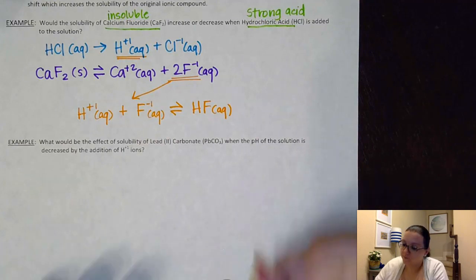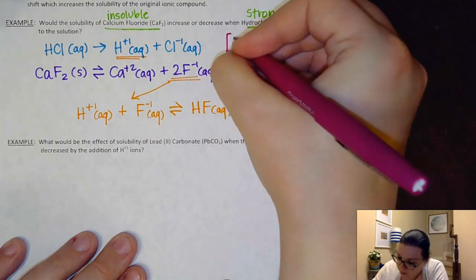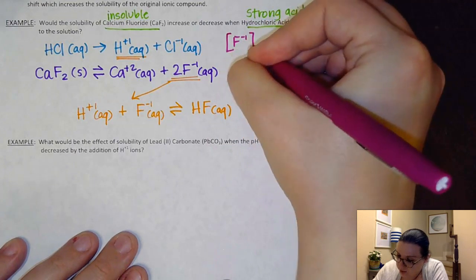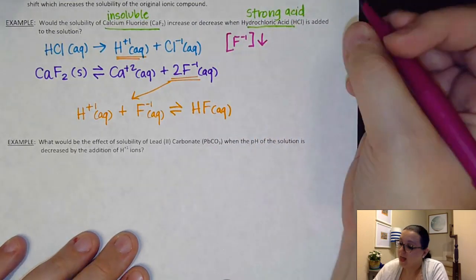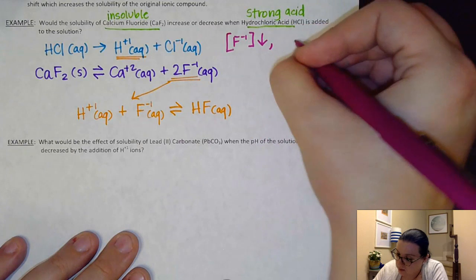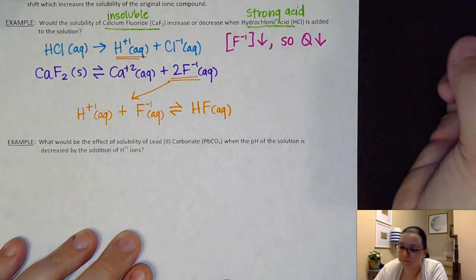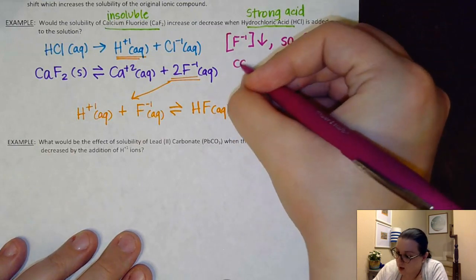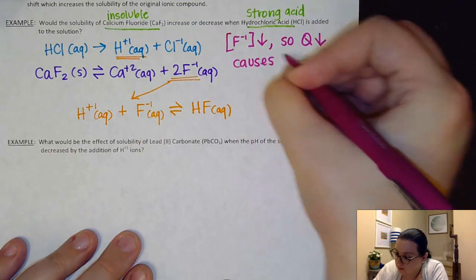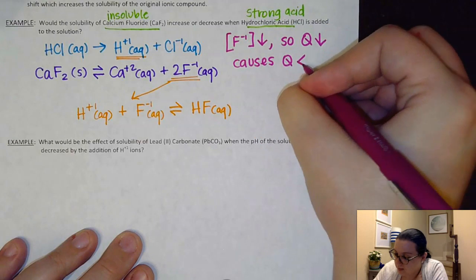The fluoride ion concentration is constantly being reduced, and since that's a product, the Q is going to be constantly decreasing. So again, this causes the Q to be less than the K.